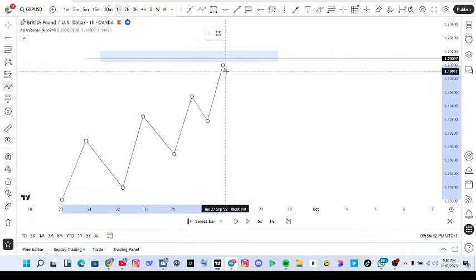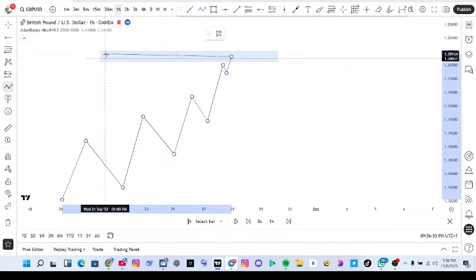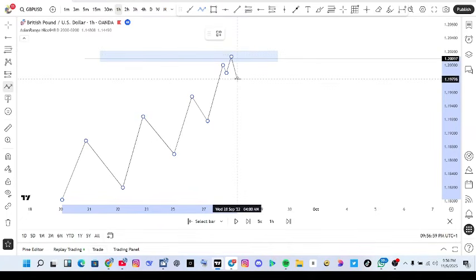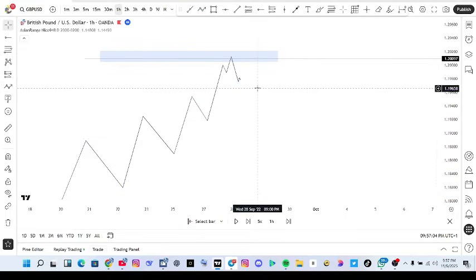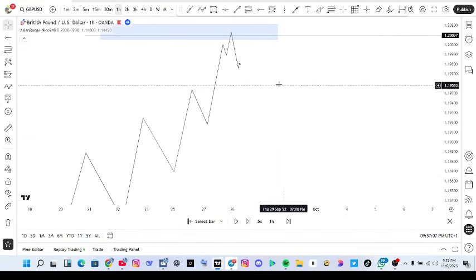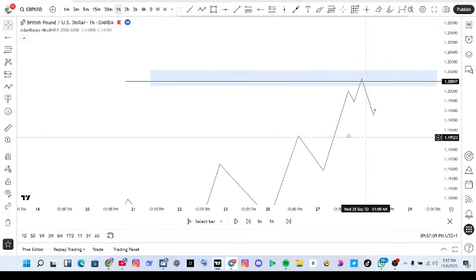When price comes to your POI like this and taps into your POI, now you want to look for sells here. If this is a 4 hour level, you want to see a break on a 1 hour. Now you have a break on a 1 hour.